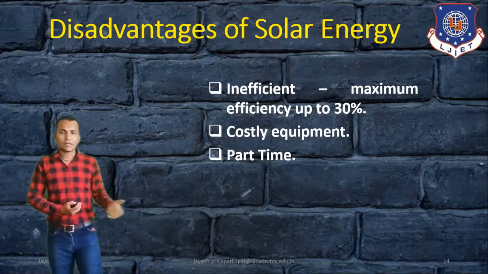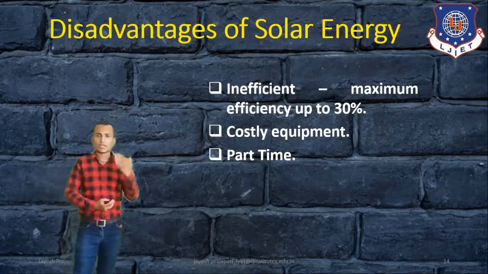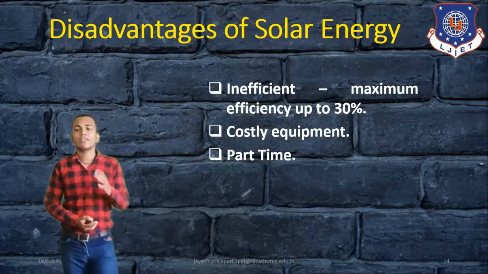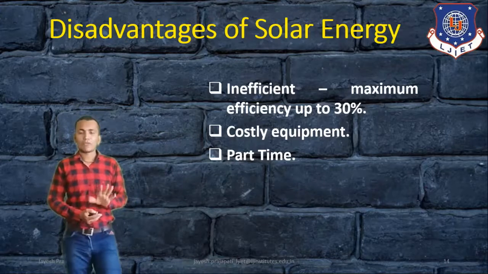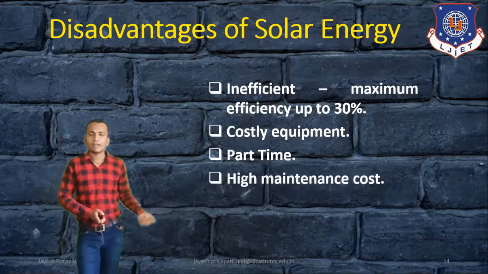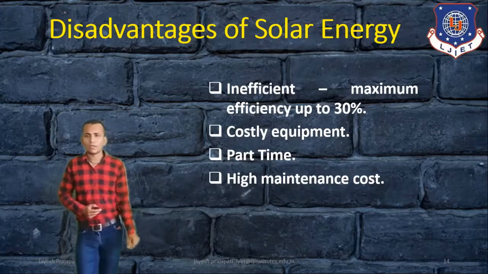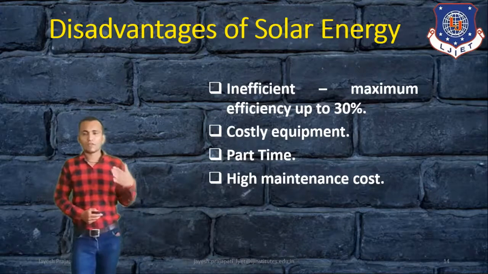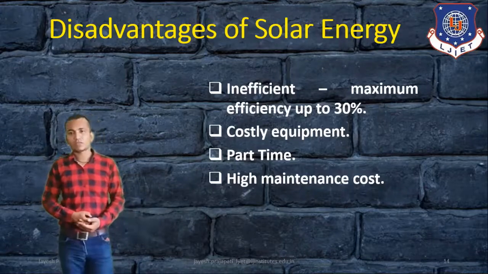And it is part time, that means we can use it only in the daytime. If it is not available at night, we have to depend on the thermal power station. Then high maintenance cost sometimes: basically it has a low maintenance cost, but whenever it is damaged or not working, at times the maintenance cost is high.